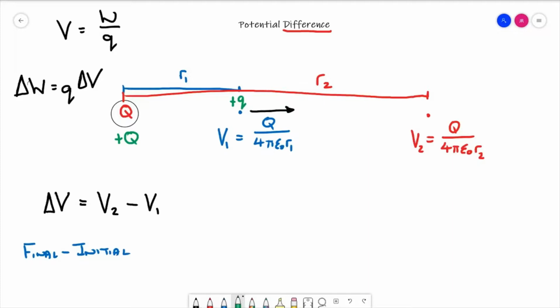Because the main charge that we're looking at is positive, both V1 and V2 will have positive values. Because R2 is greater than R1, R2 and R1 both being on the bottom of the equation will mean that V2 is smaller than V1.